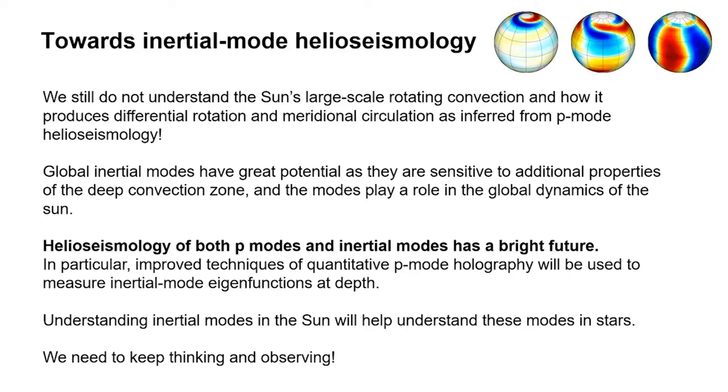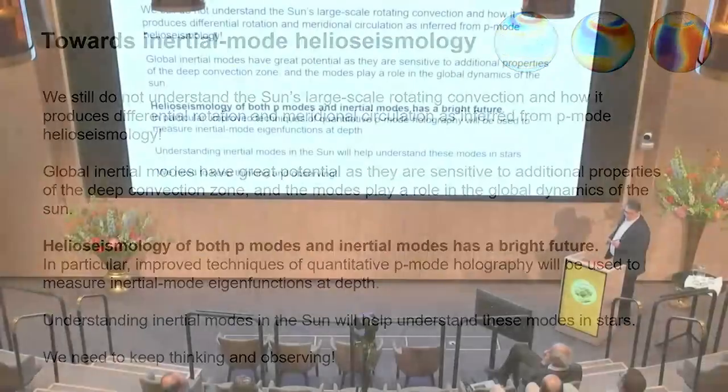And what I expect also is that some advances in P-mode helioseismology, or let's say local helioseismology, will be used at some point to be able to measure the inertial mode eigenfunctions with depth. Not very deep, perhaps, but there is some hope that we can see below the surface these inertial modes.